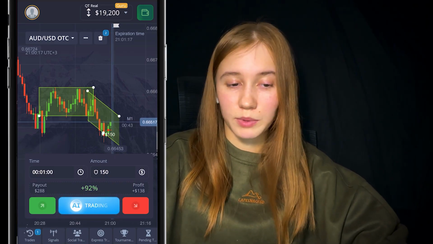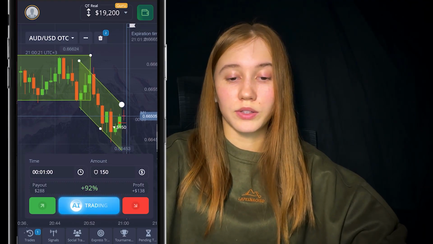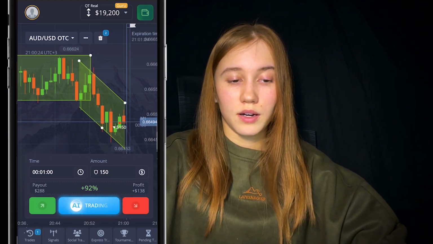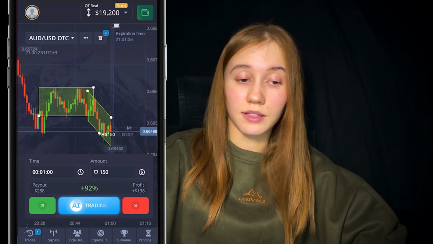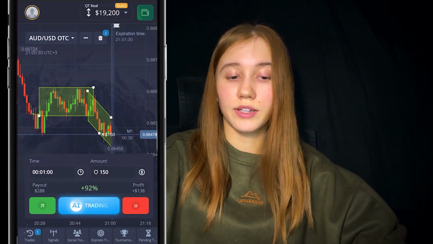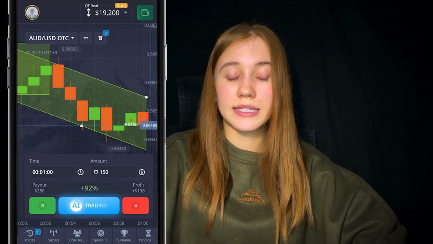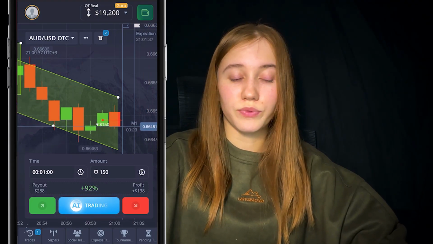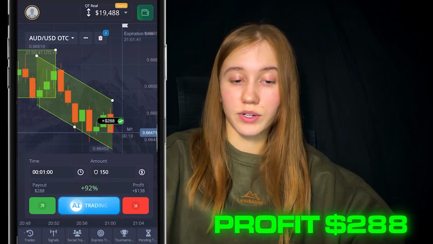We have also overcome the support area, the lower border of this consolidation. By the previous decline shown, we're also successfully overcoming. Downward trend continues successfully. The deal was closed, and plus our profit is $288.